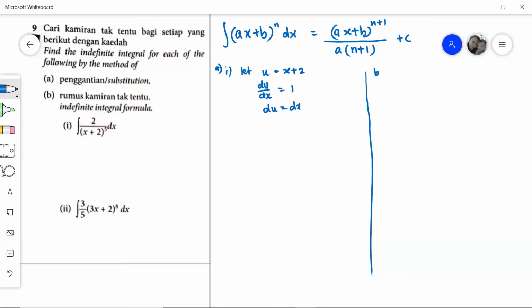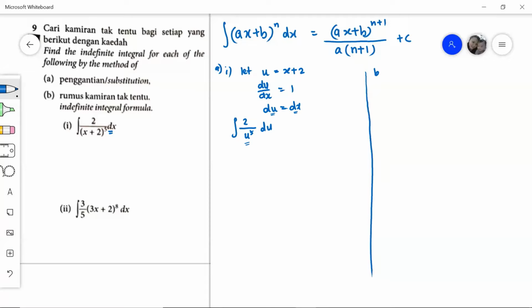With this, we substitute into the expression given. 2 over x plus 2, we replace with u, and then power 5. Because this is written in u, our integration must also be towards u. So instead of dx, we replace with du because dx is equivalent to du.